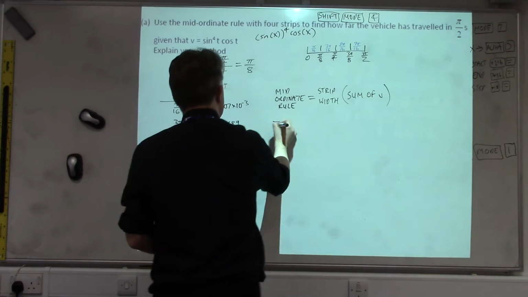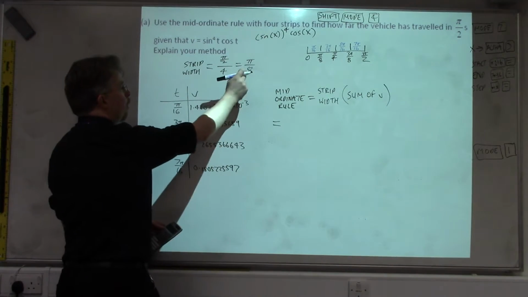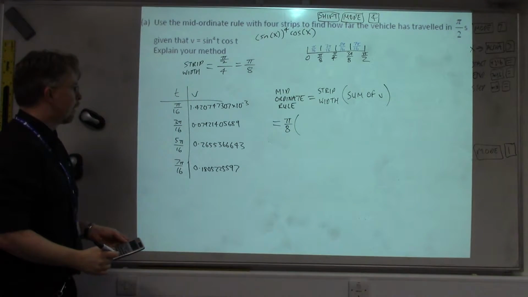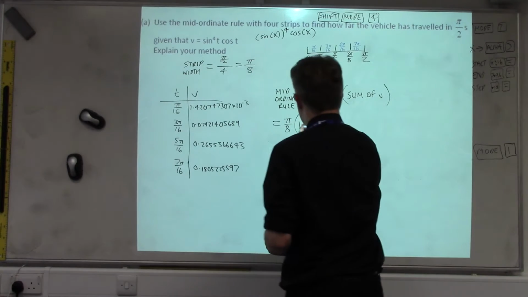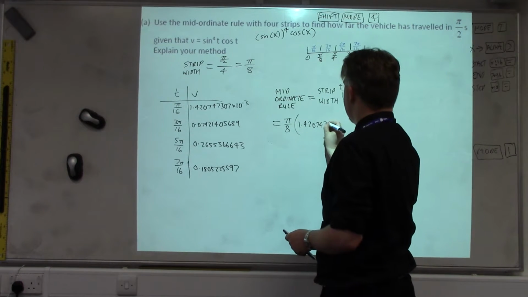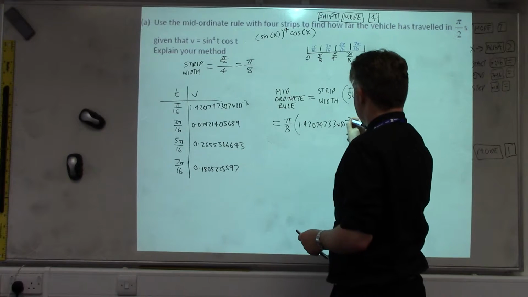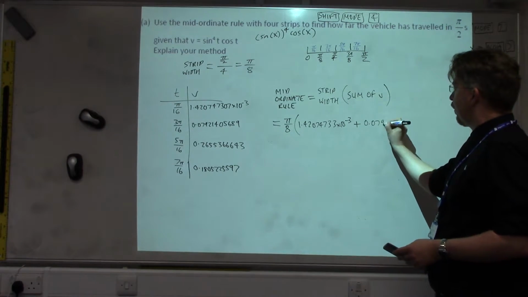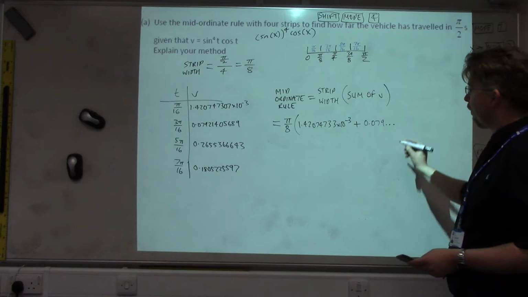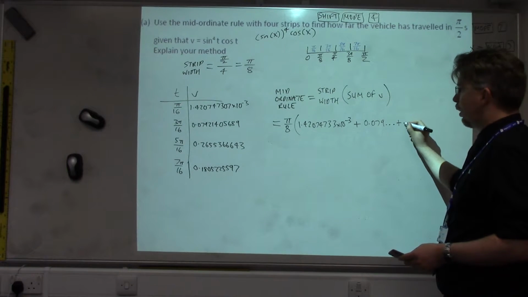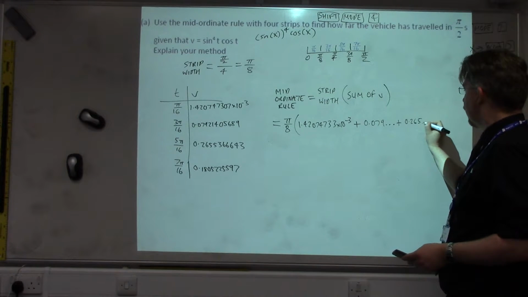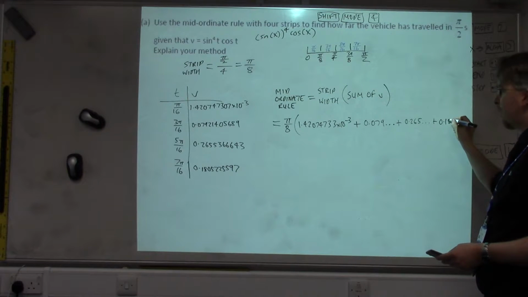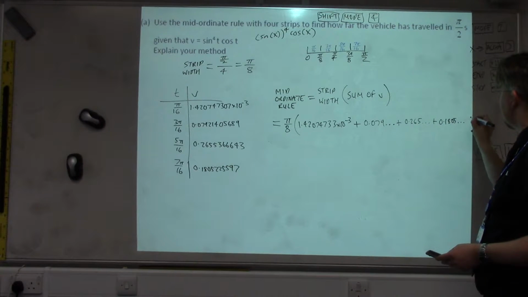Sticking in our values, the strip width is pi over 8, open bracket, and then all the other numbers: 1.42074733 times 10 to the minus 3, plus 0.075, and I'm going to start using dot dot dot rather than write the whole number out, plus 0.265 dot dot dot, plus 0.1805 dot dot dot, close bracket.